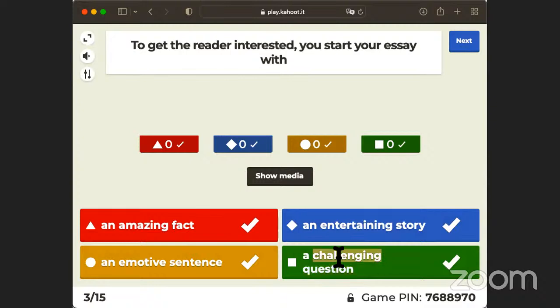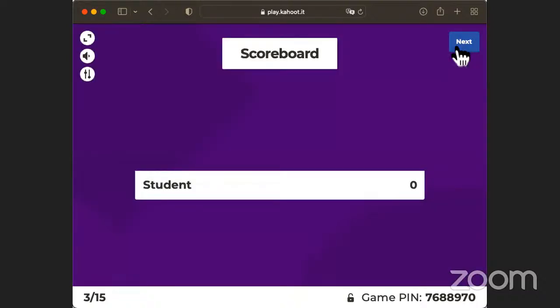So this will be considered a hook. And obviously that's very important and should be stated at the beginning, in the introductory paragraph, right? That's very important to start writing the persuasive essay.